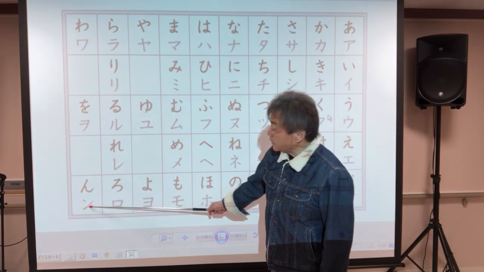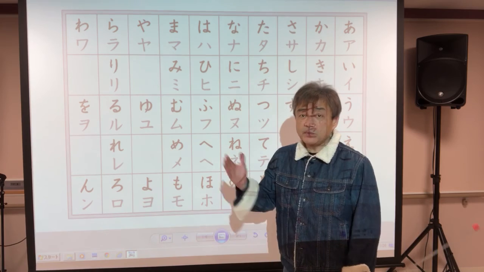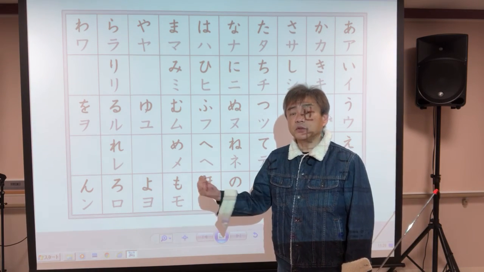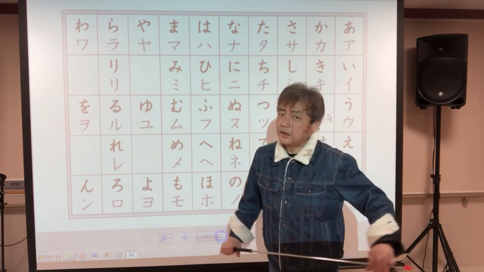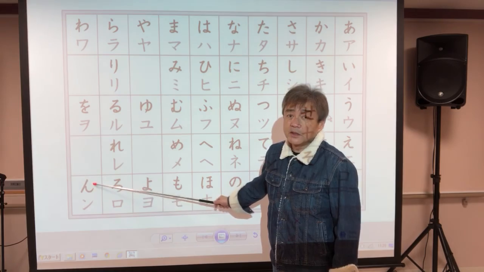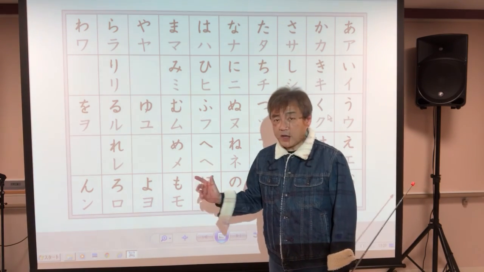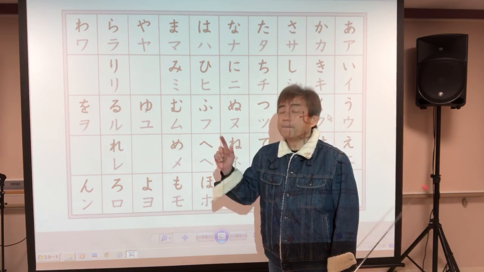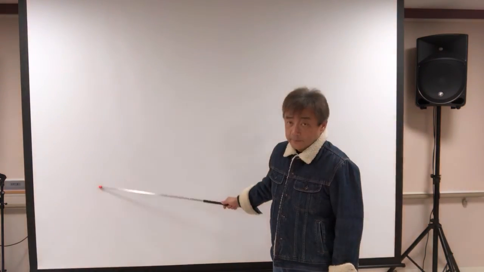So the last one is a very exceptional sound, which doesn't belong to the vowels and doesn't belong to the consonants. It sounds like a mixture of everything. So this, the very last letter, sounds like this. Okay?